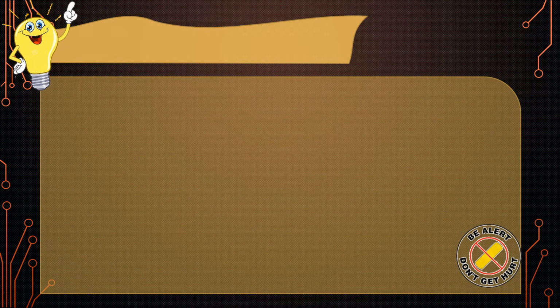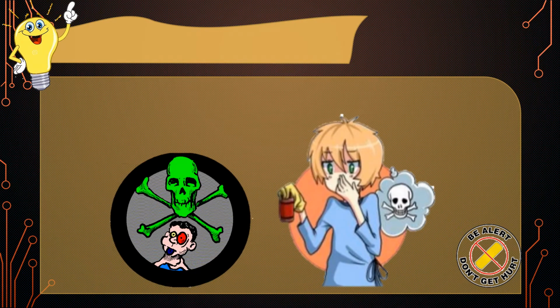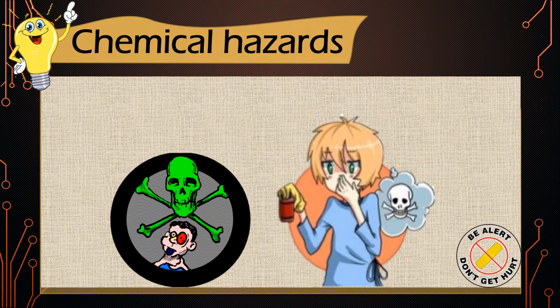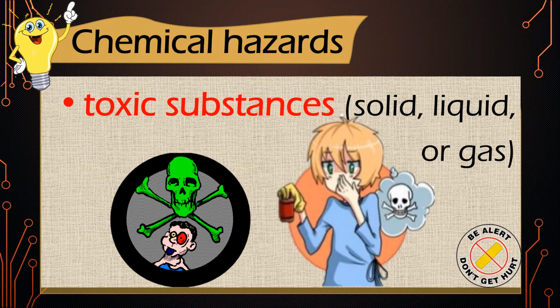Another type of hazard is chemical hazard. A hazardous chemical can be a solid, liquid, or gas. It can be a pure substance consisting of one ingredient or a mixture of substances. It can harm the health of a person who is exposed to it.